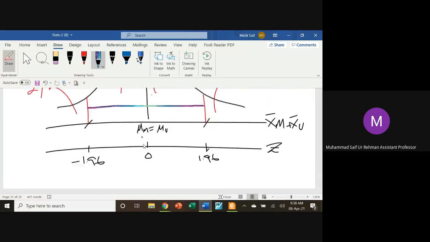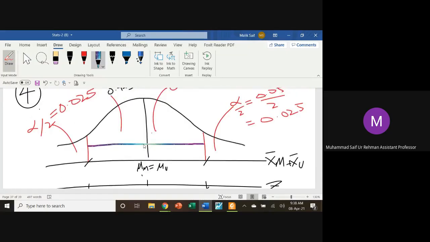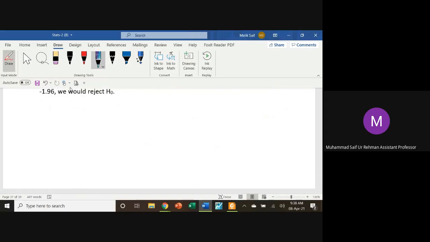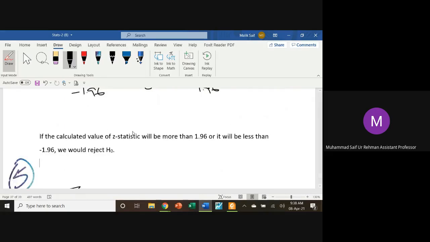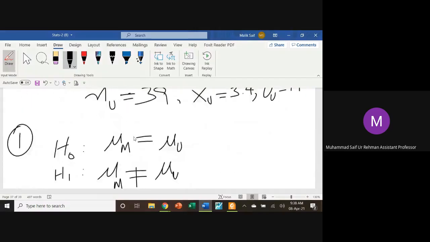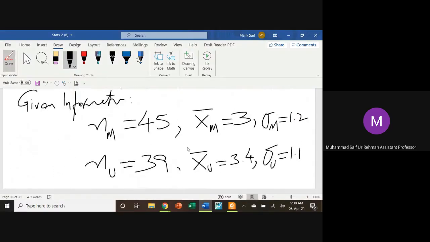Okay, so this is step 4, and then you will move to step 5. And what will you write down in step 5? Computations. So how will you compute the values? Z calculated will be there. The values for x1 and x2 we have already written over here for our ease.